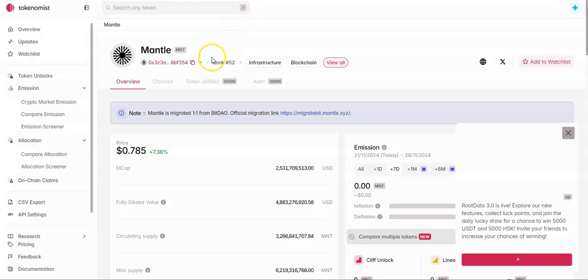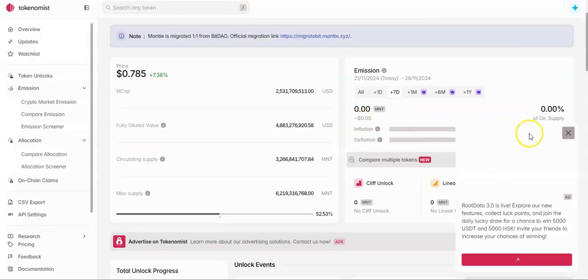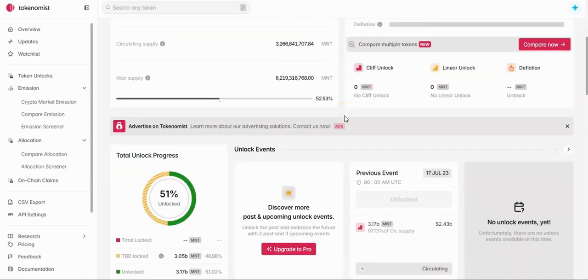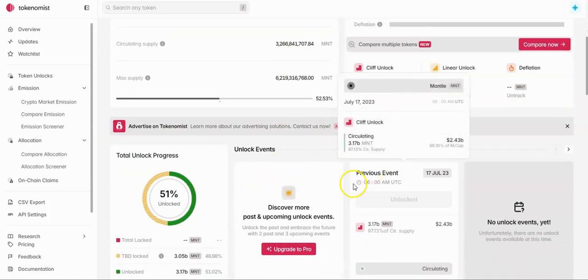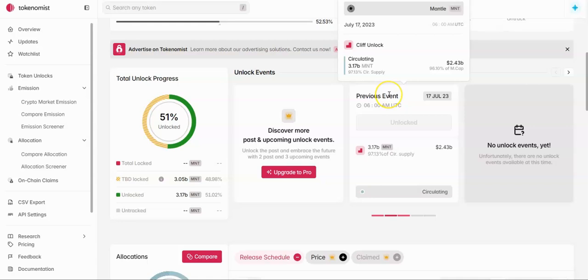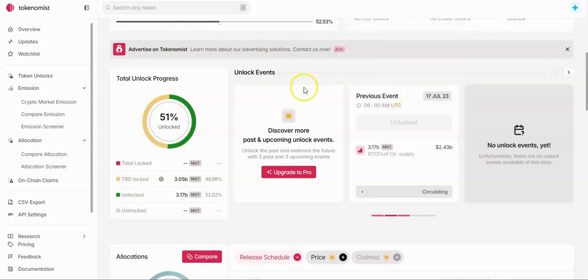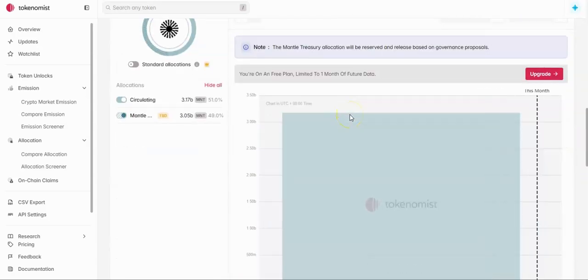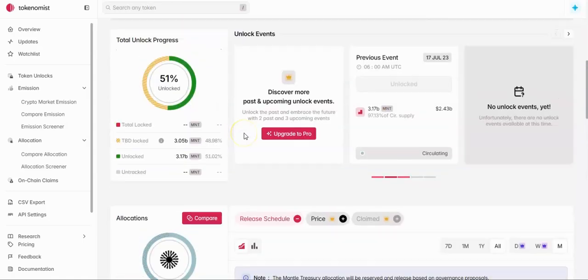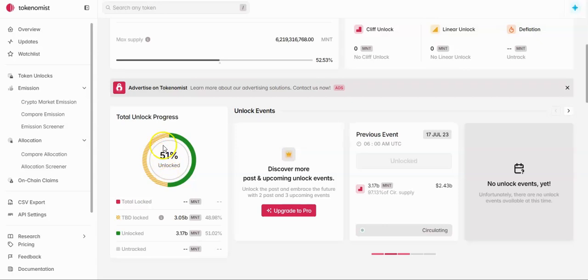Now, tokenomics does show some emissions here, we can say. So yeah, it actually doesn't show that there's a next event. There was a previous event in July of 2023. So yeah, I don't see anything here about any release schedule, but it says 51% has been unlocked here.